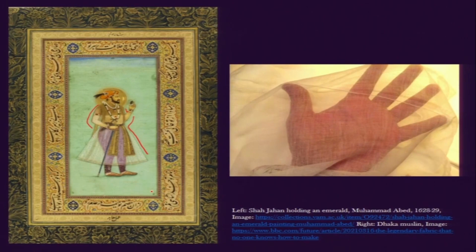Now we also need to understand that if we are talking about this particular kind of cotton, it does not mean that it was available to everyone. This is a very specific kind of cotton which was only made in parts of eastern India, mostly in Bengal. So it was not easily available to most of the people in Bengal.